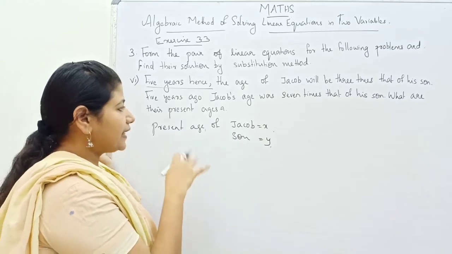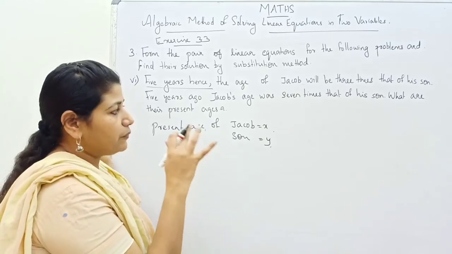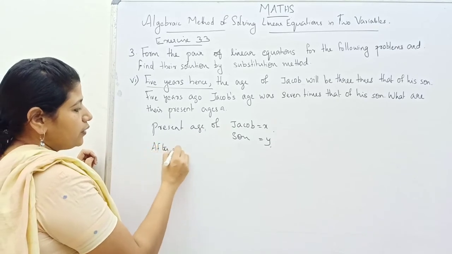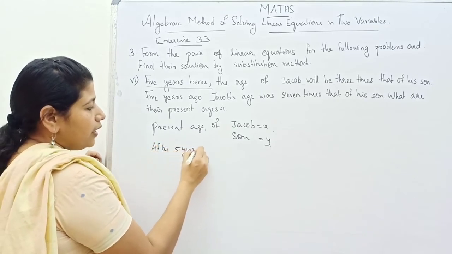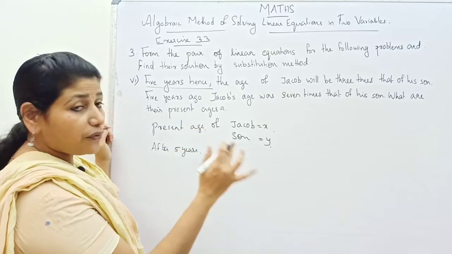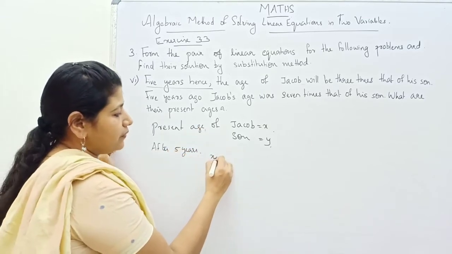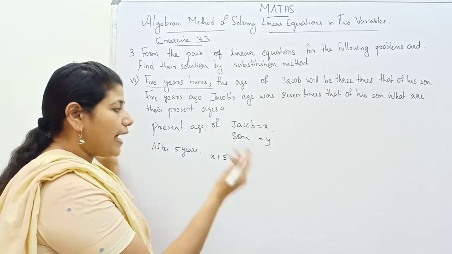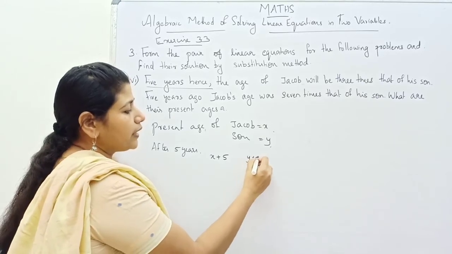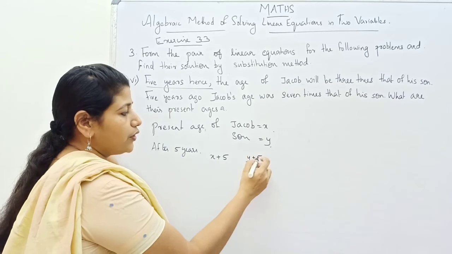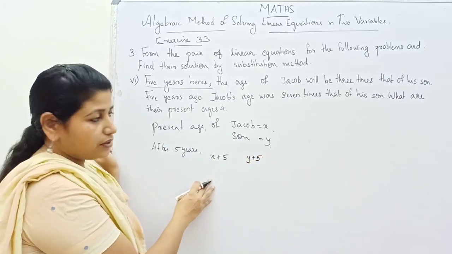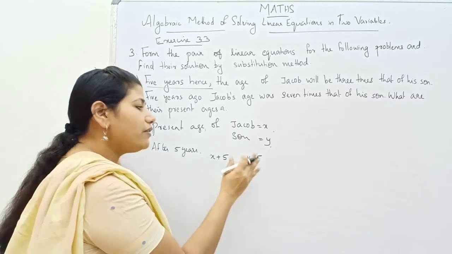So if the present age of Jacob is x, after 5 years, the age of Jacob will be x plus 5, isn't it? Age of Jacob will be 5 more than the current age. And the age of son will be 5 more than y, isn't it? y plus 5. So, after 5 years, their ages will be 5 more than current age. So, x plus 5 and y plus 5.